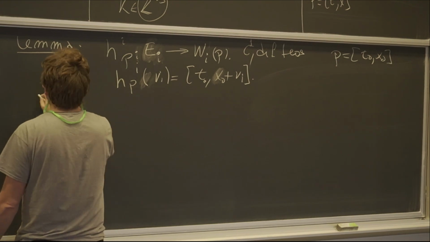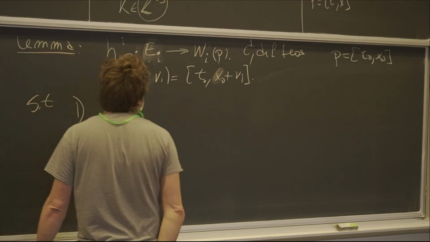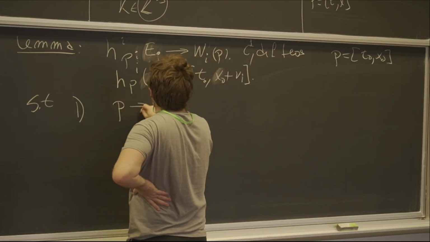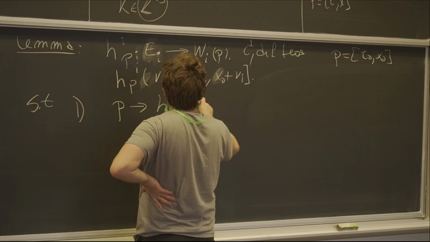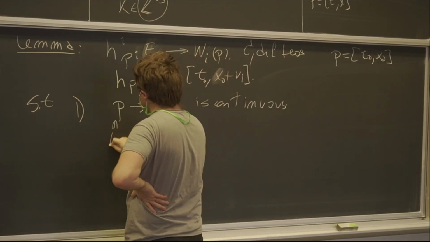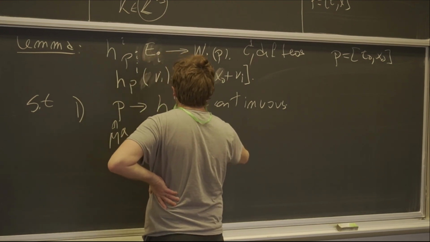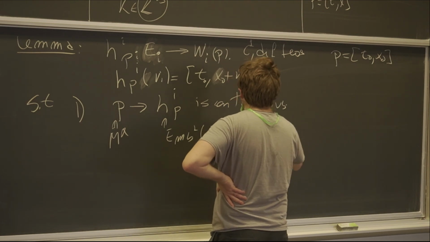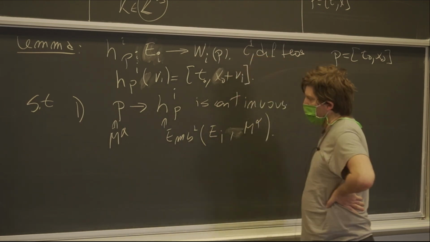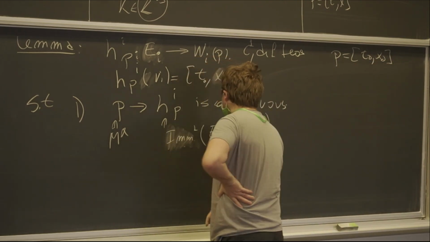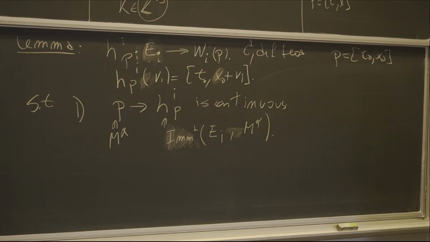They are such that, one, the dependence on P is continuous, where this guy belongs to alpha and this guy belongs to embeddings, C1 embeddings from EI to M alpha, or immersions, maybe it's better than embeddings, it doesn't matter. Well, the topology is C1 convergence on compact sets.